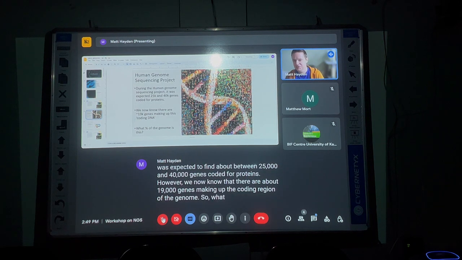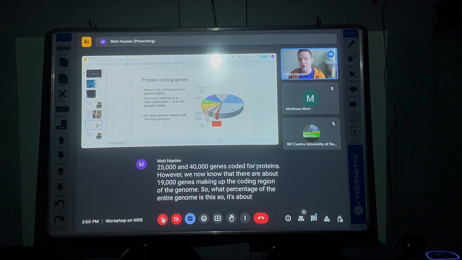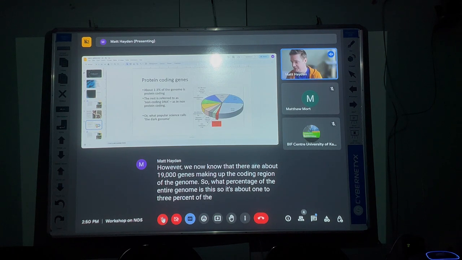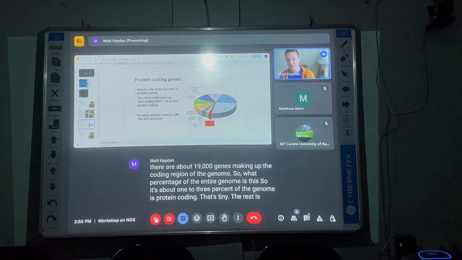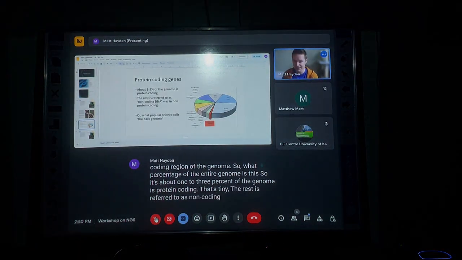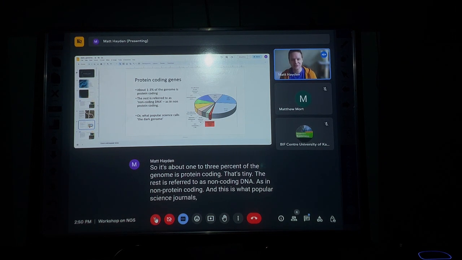So what percentage of the entire genome is this? About 1 to 3% of the genome is protein coding, that's tiny. The rest is referred to as non-coding DNA, as in non-protein coding. And this is what popular science journals and articles refer to as the dark genome.